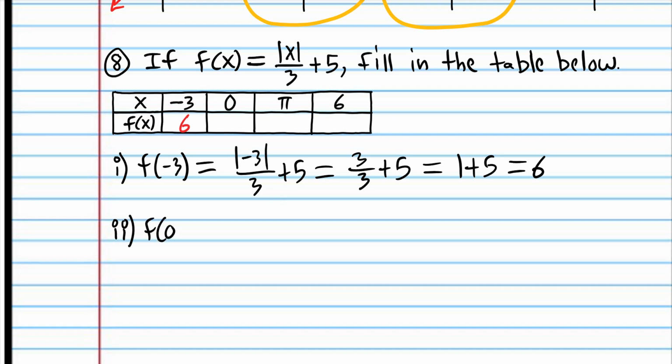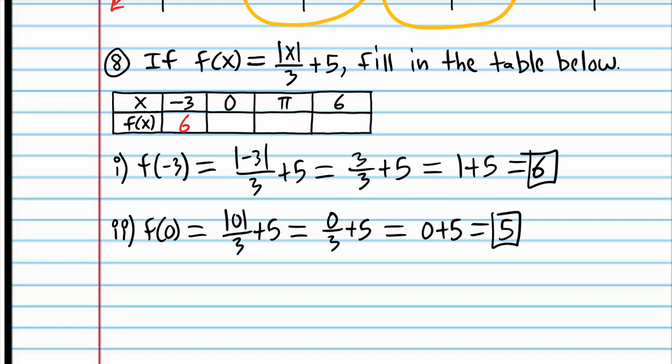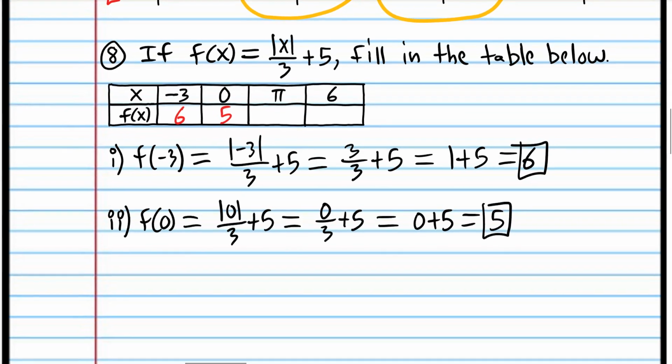Now let's plug in 0 to the function. The absolute value of 0 is 0. And 0 divided by 3 is 0. And 0 plus 5 is 5. So we can enter 5 in the table. And now let's plug in pi. Again, I'm getting pi from the table up here.